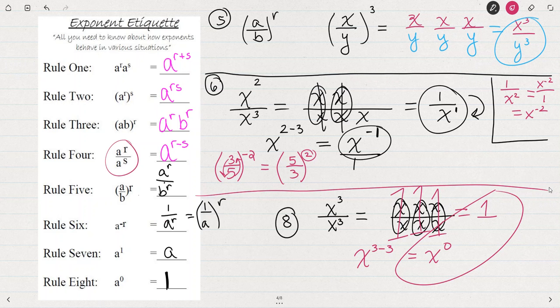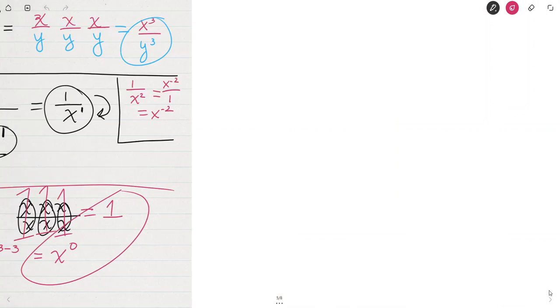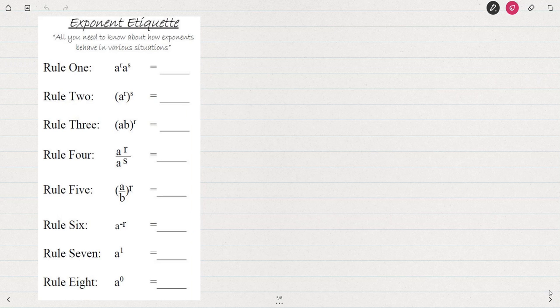So make sure you've practiced these. And here we go with the blank sheet again. How well could you fill in these blanks? Could you get all of them at this time? What if we rearranged them and put them in a different order? Or what if we changed them from a's to actual number bases or to other variable bases?